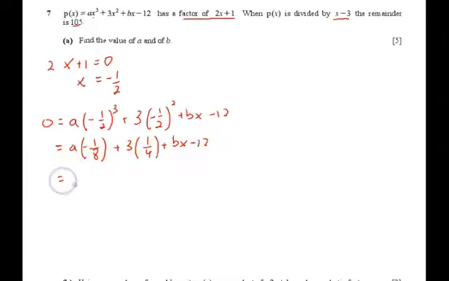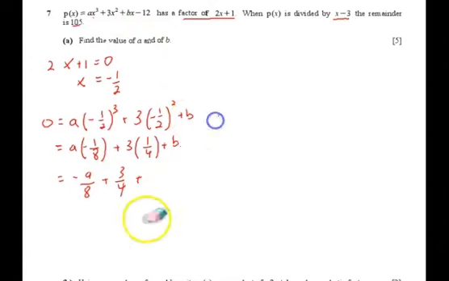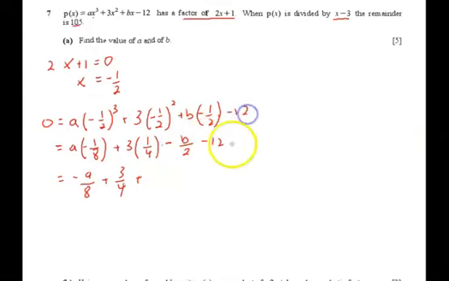We simplify this equation, you get negative A over 8, 3 over 4, and here we have a small error here. It's supposed to be negative 1 over 2, and here will be negative 1 over 2, negative b over 2, and here will be minus 12.